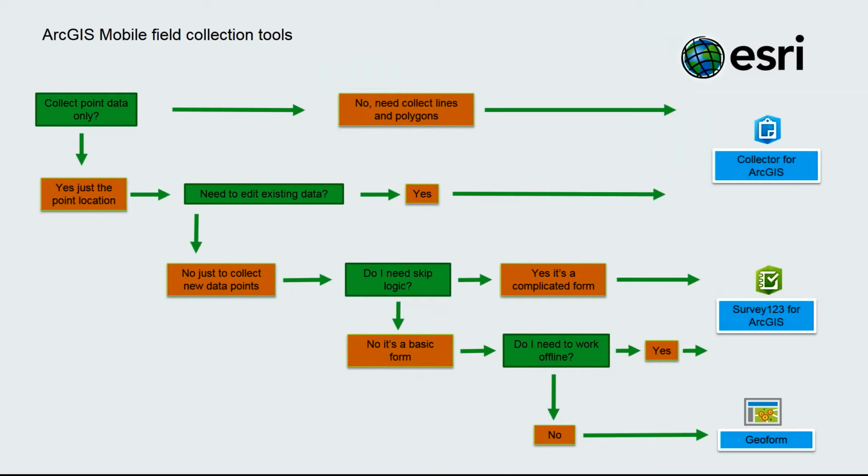So they're not apps that are going to be intercepted. You've got to require authentication either to a portal or an ArcGIS Online organization to make sure that the person collecting the data is authentic and part of your organization. The option there is that the geoform can be made public, but it's not by default public.